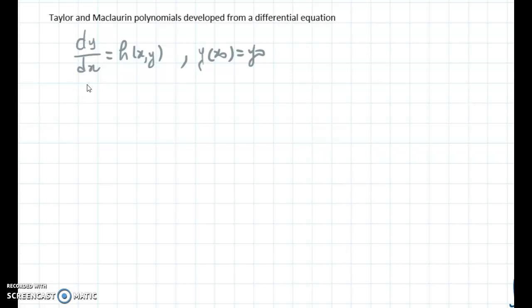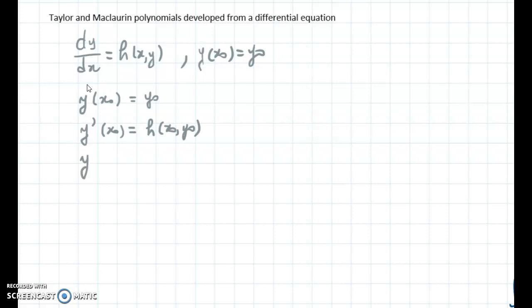If we are trying to find the Taylor polynomial of y centered at x0, we are going to need to have the following pieces of information. We need to know what is the value of y at x0, and that we know is y0. Then we need to know what is the value of the derivative of y evaluated at x0, and that is by definition the function h evaluated at x0, y0.